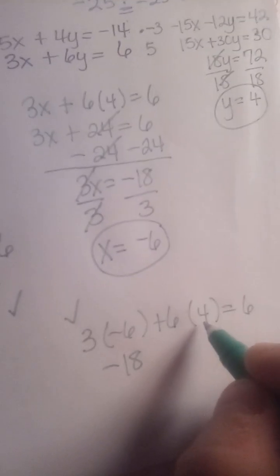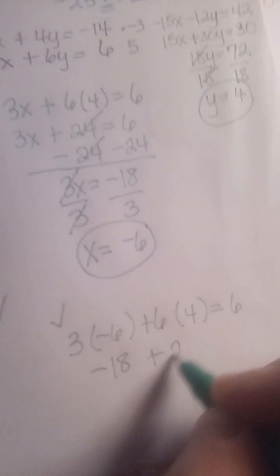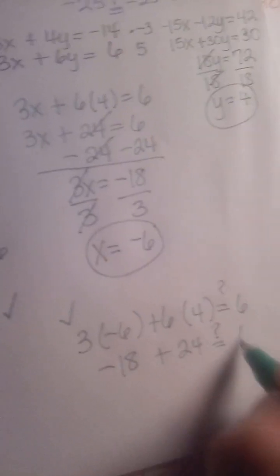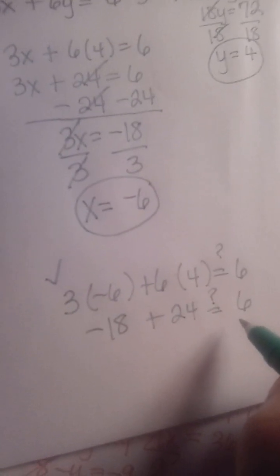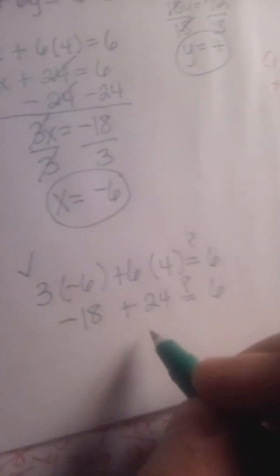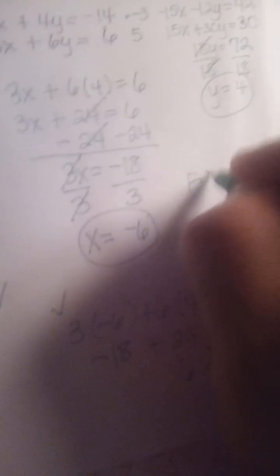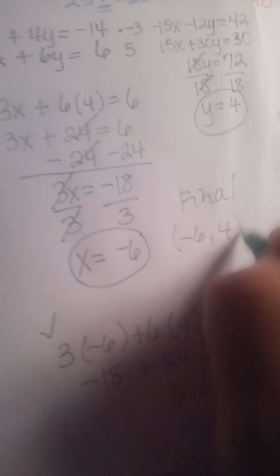Then 6 times 4 is 24. It looks like a match. Negative 18 plus 24 is a positive 6. Yes, that's our final answer. X equals negative 6. Y equals positive 4.